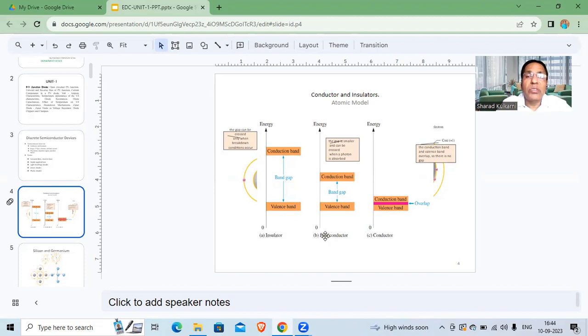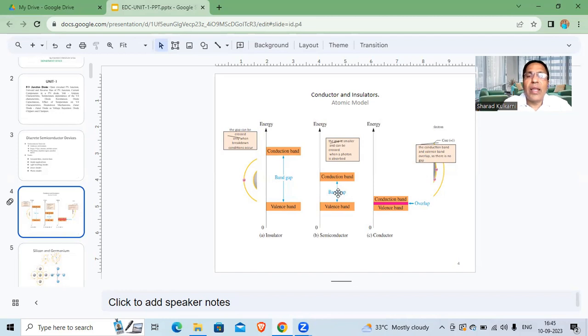The second category is the semiconductor, wherein the energy band gap is very close to 1 electron volt. And in the case of a conductor, there is no gap between the conduction band and valence band, and both are overlapped. Such a material we call a conductor. We are interested in semiconductors.